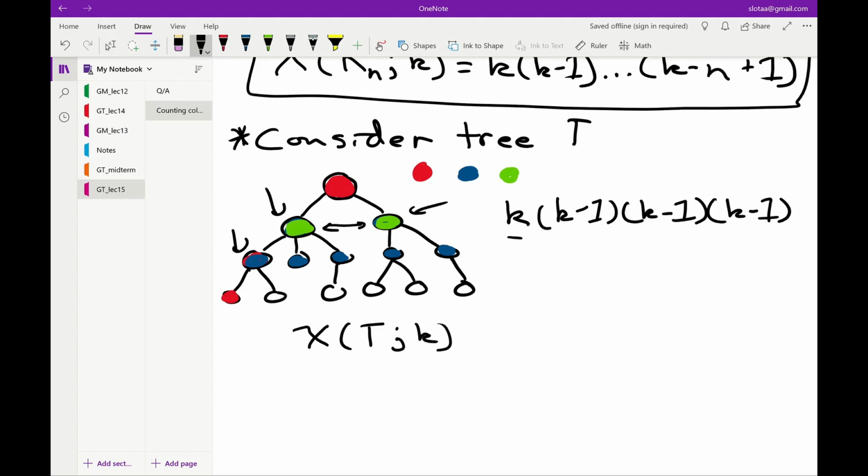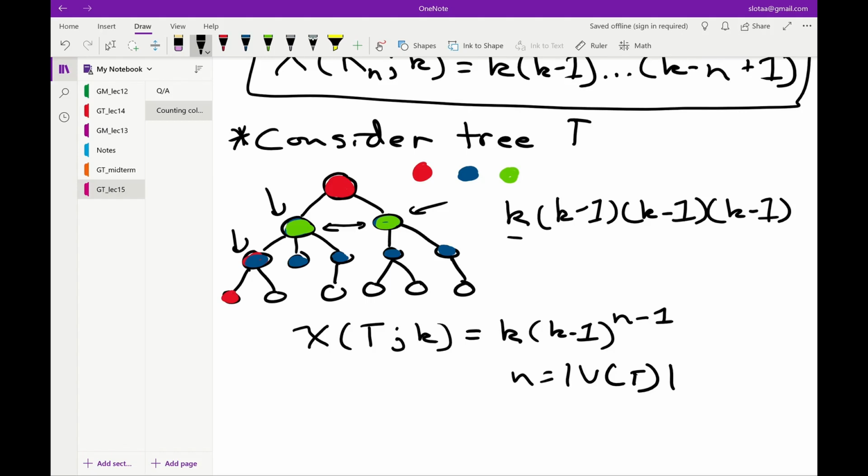So to generalize this to any arbitrary k, where k is greater than or equal to the chromatic number of the graph, it is k for the root, and really without loss of generality it could be any arbitrary vertex within the tree that we select as a root. So k times (k minus 1) to the n minus 1, where n is equal to the cardinality of the vertex set of our tree.